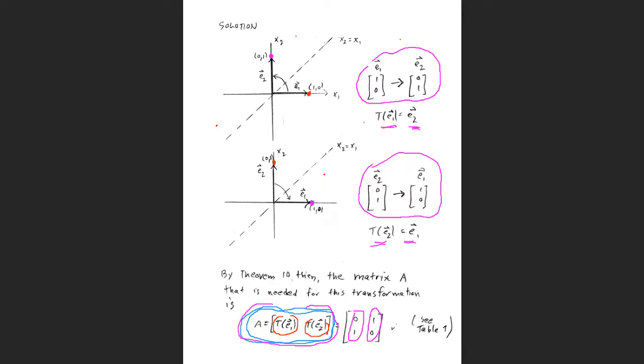Let me go to table 1 and show you this transformation here, this matrix A of this transformation. Are there any questions before I go back to the ebook?